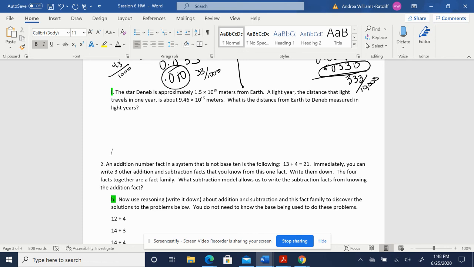Okay, so what do we have here? We have this big distance, and we're wanting to know how many light years are in that big distance. Well, every time we measure a light year, we would be taking a chunk of that away. So this is a repeated subtraction for division.